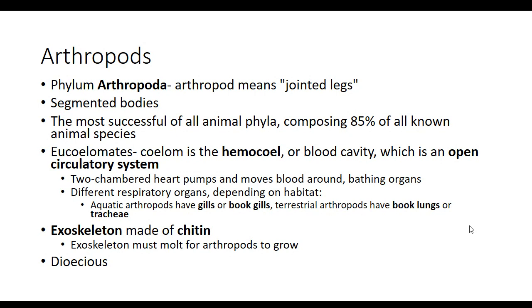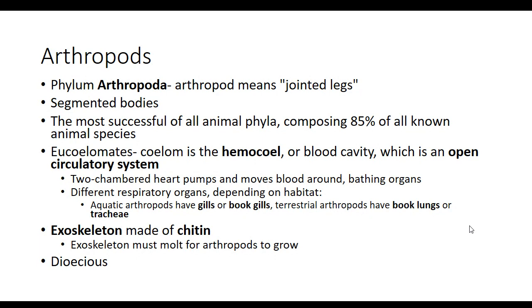They have an open circulatory system, which means they have a heart that pumps. Their blood is not the same kind of liquid as we have, but serves the same purpose. It's transporting oxygen and nutrients throughout the body.